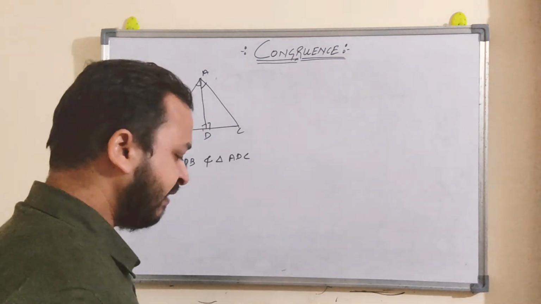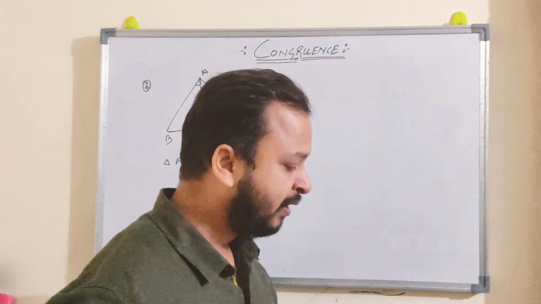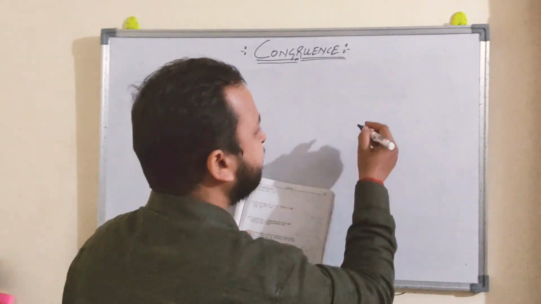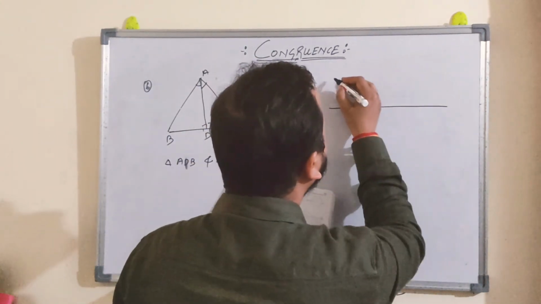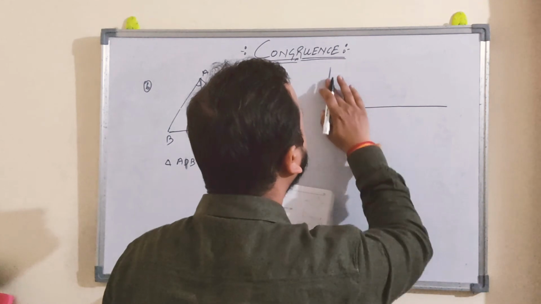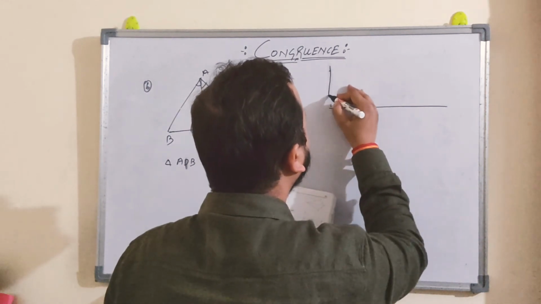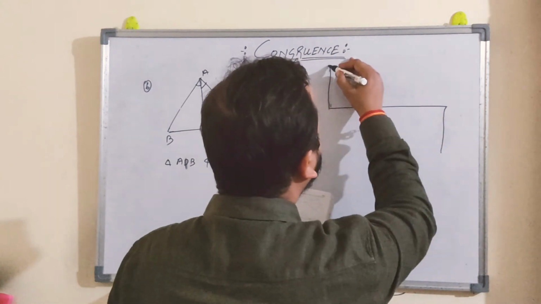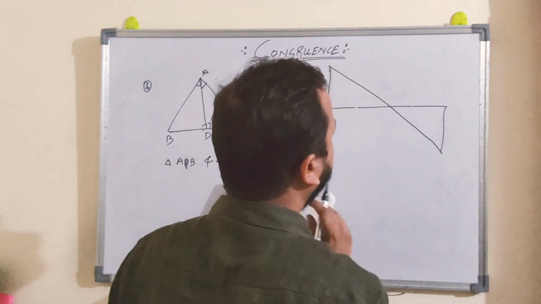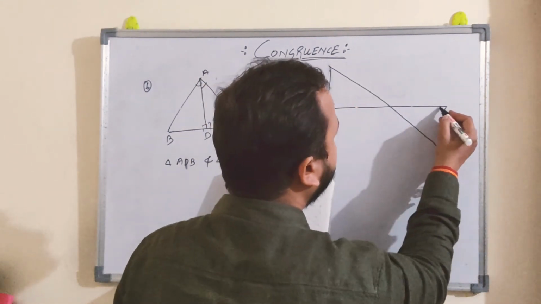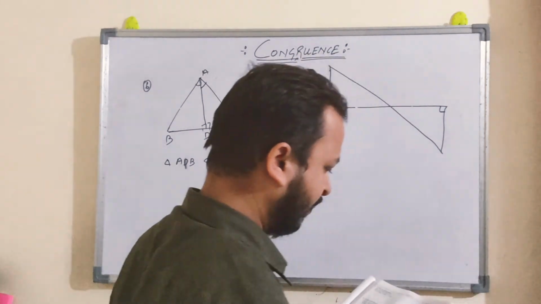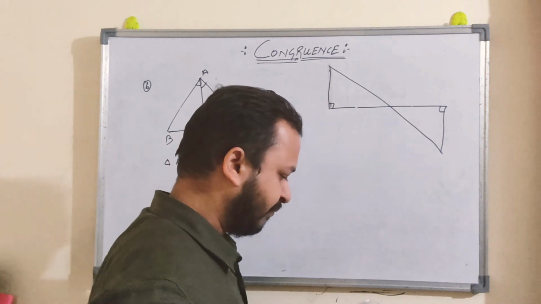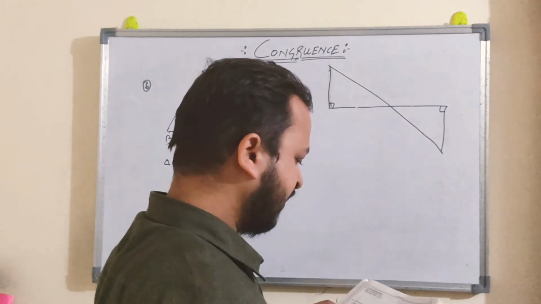Now come to question number 7. Question number 7 we have done it. Question number 8. In question number 8, the figure is like this. They are given PA and QB, and they are perpendicular.